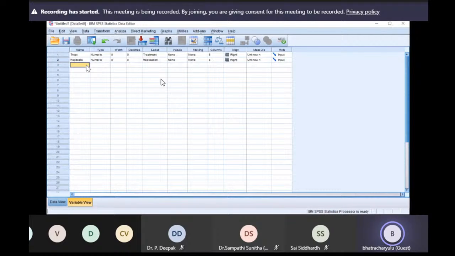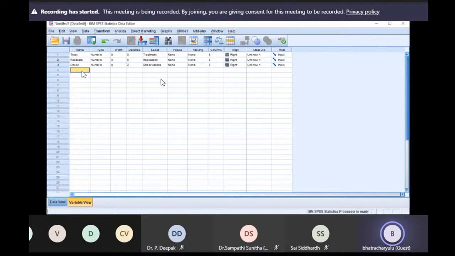The third one is response or observations. It will take only 8 characters, so you write observations or response, any one. So for the completely randomized design, you are getting treatment, replication, and observations.